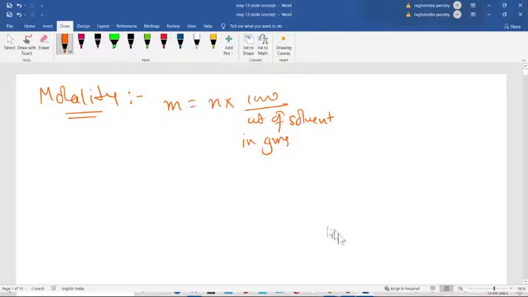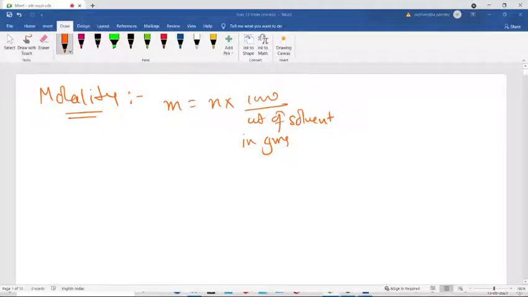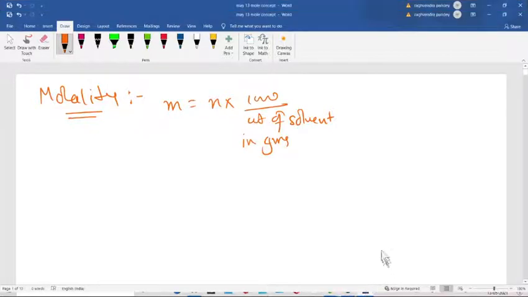Now, who else is there? So this is the molality, moles into 1000 upon weight of solvent in grams.